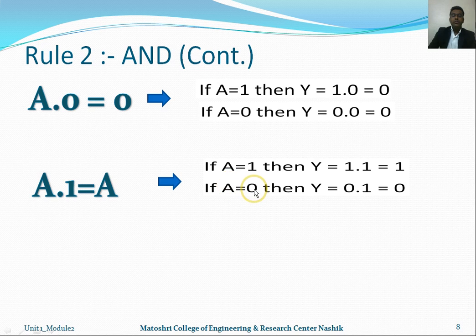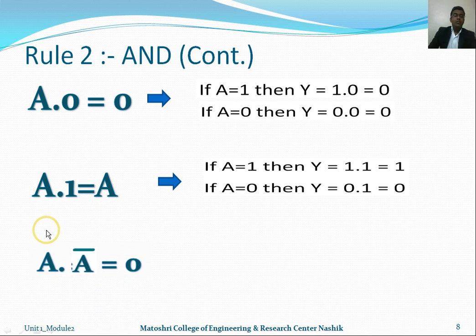If the value of A is 0, then 0 AND 1 gives the Y output as 0. It is clearly shown that when Y is 1, the output is 1, which is exactly equal to the value of A, and when Y is 0, it is exactly equal to A. The output is exactly the same as the other input if one input is assigned a high level, that is 1. So A dot 1 always generates the value of A as the output.